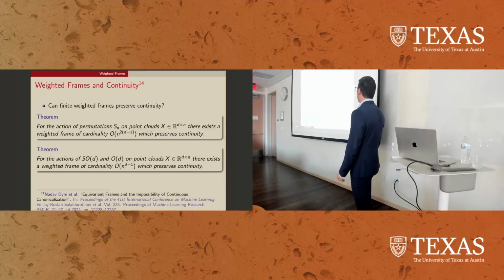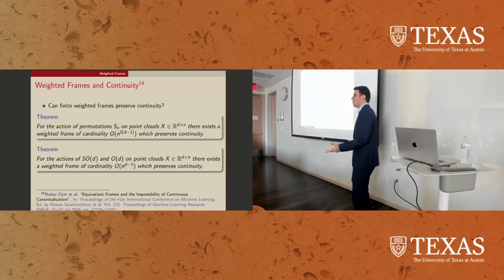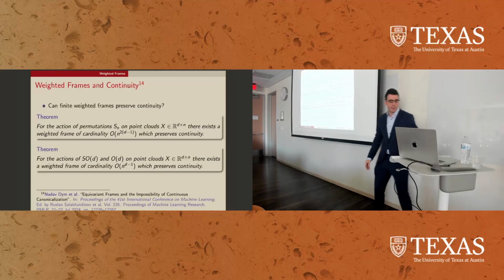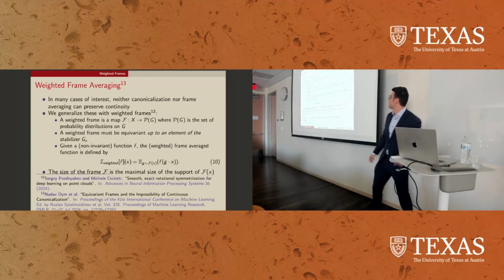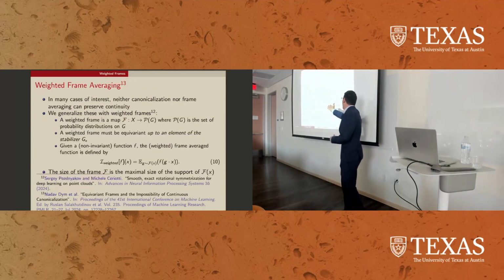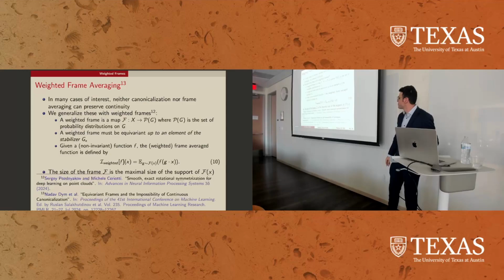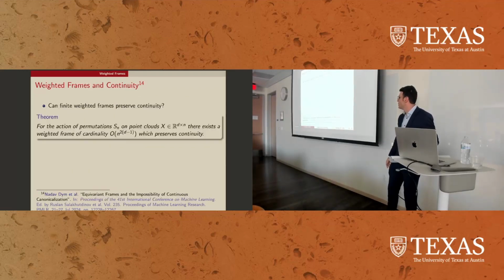In practice, because these frames are still very large, we implement things empirically. We do not exactly calculate this average, but rather we sample some points from this input-dependent distribution and then take an empirical average. So it's some sort of generalization of data augmentation.